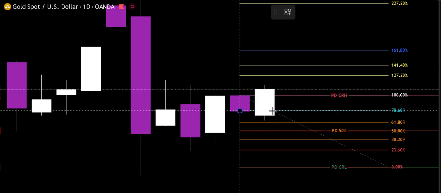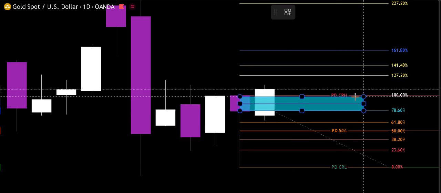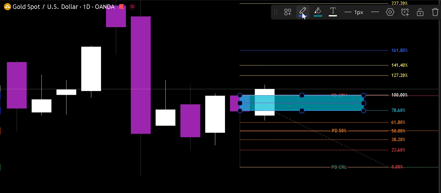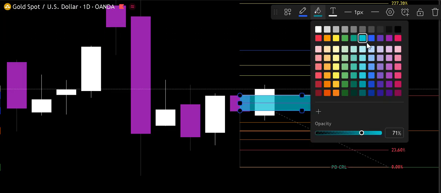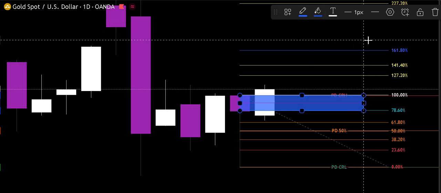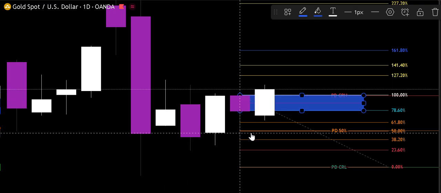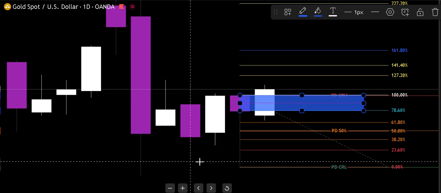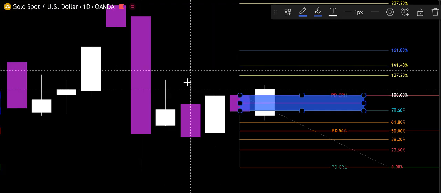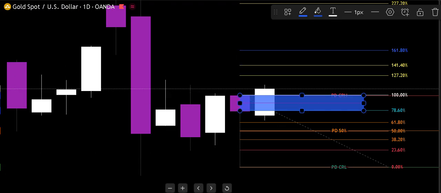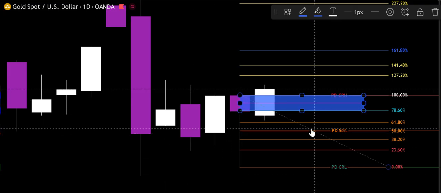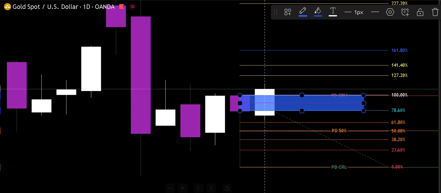The market finished at 78.60 and 100. That means we need to understand where the market is going to start.